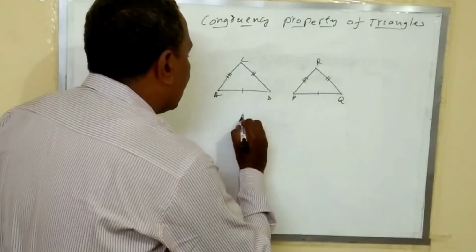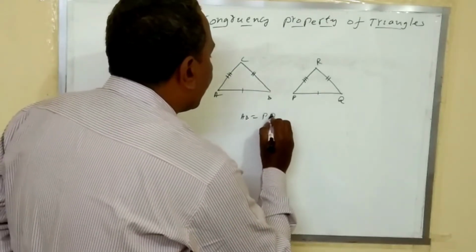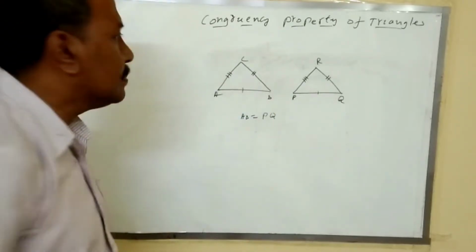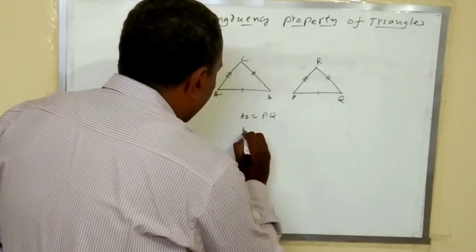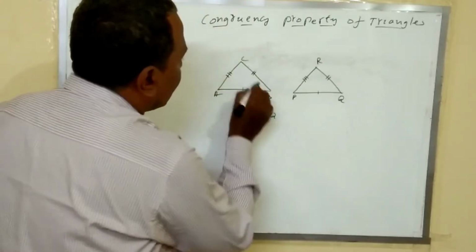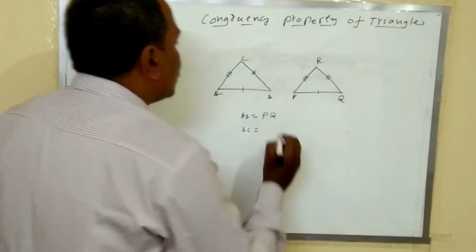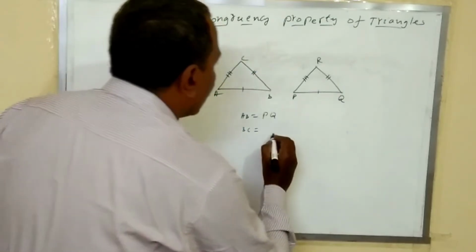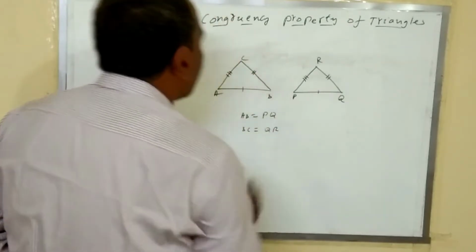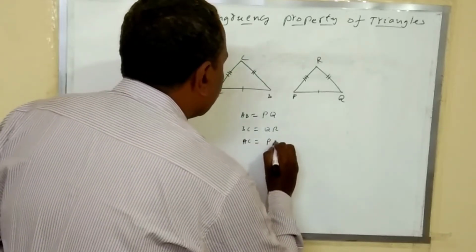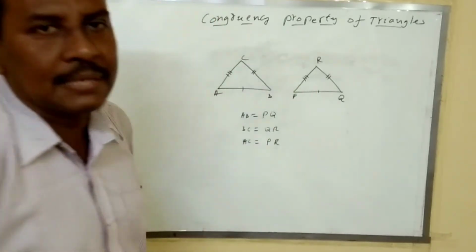That means AB is equal to PQ. Similarly, BC contains 2 bars, QR contains 2 bars. So BC is equal to QR. And at the same time AC is equal to PR because both of them contain triple bars.